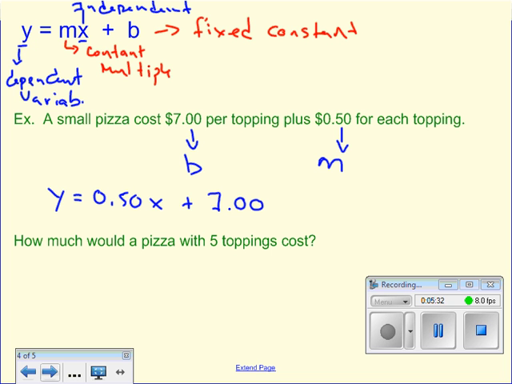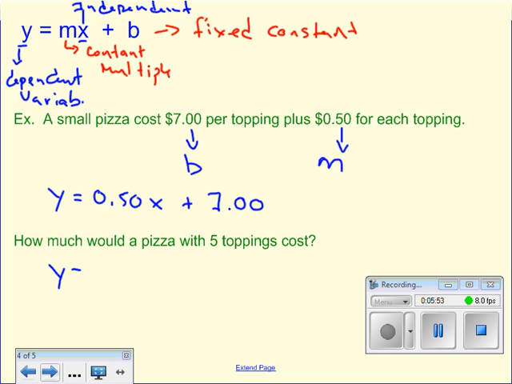So my question is, how much would a pizza with 5 toppings cost? So I know it costs 50 cents per topping plus another $7. So I take this equation and I just sub in 5 for my x value, because 5 toppings is my independent variable. So how much will this cost?